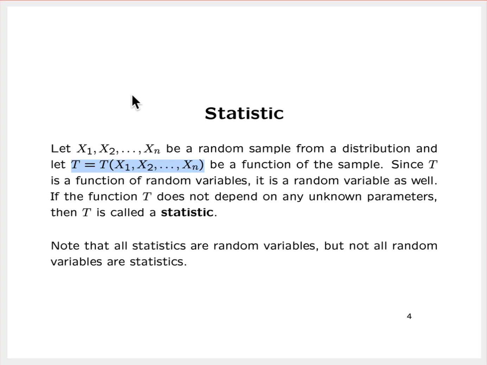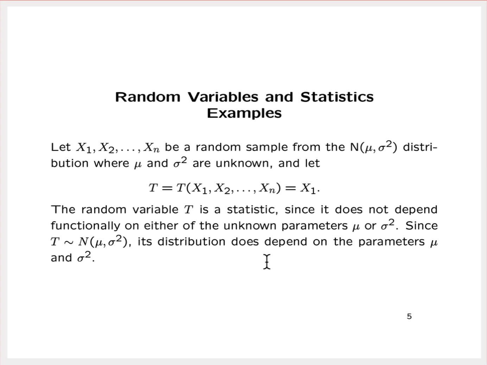If the calculation of that function depends on any unknown parameters, then that function is not a statistic. But if the calculation of that function does not depend on any unknown parameters, then we call that function a statistic. Note that all statistics are random variables because they're computed from one or more random variables, but not all random variables are statistics. We're going to see some examples of this.